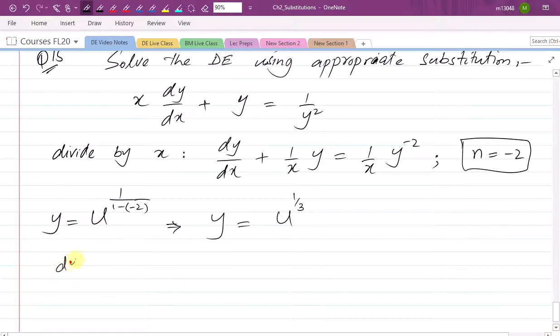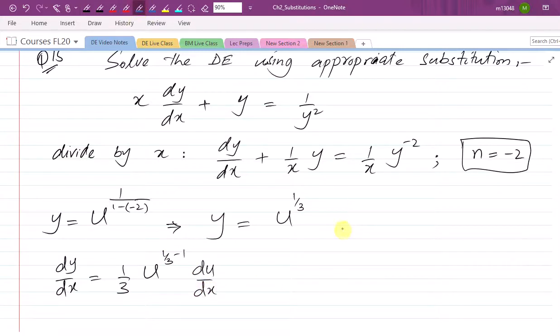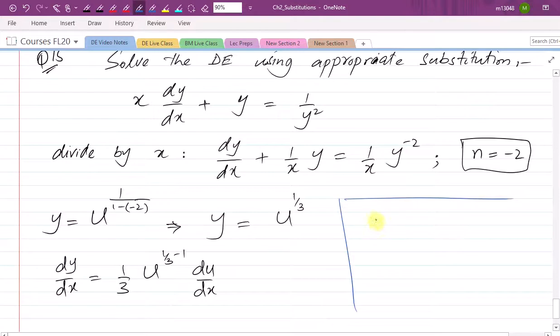What is dy/dx for this function? (1/3) by power rule, u^(1/3 - 1) times du/dx by the chain rule. It's just like if you had y equals sine x to the power 1/3. What would be the derivative? (1/3) sine x^(1/3 - 1) times cosine x.